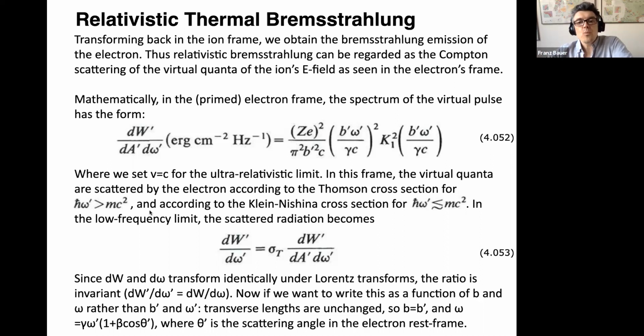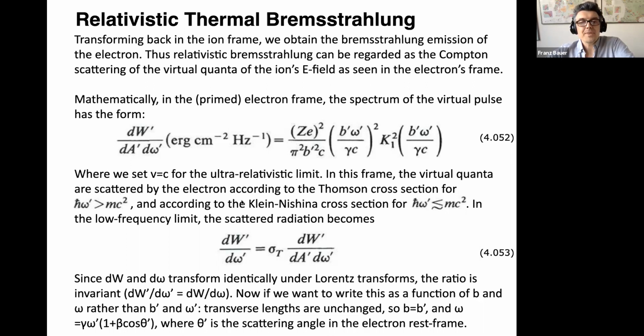We then want to examine the system in the primed frame. What's going to happen is that we're going to consider that the electron is scattering according to the Thomson cross section, so it should behave something like this.